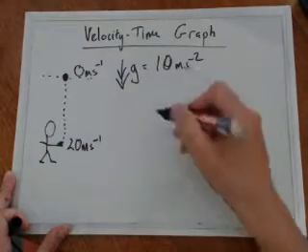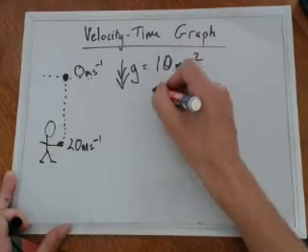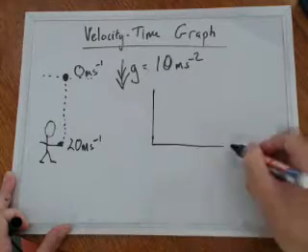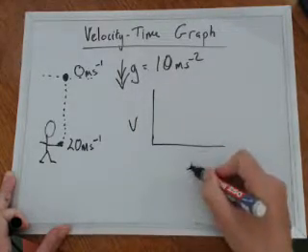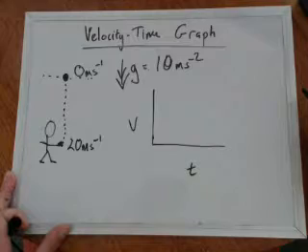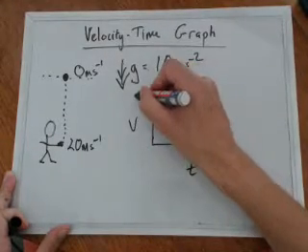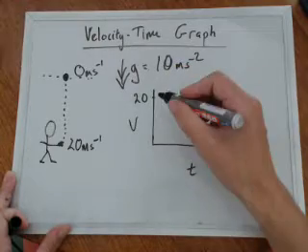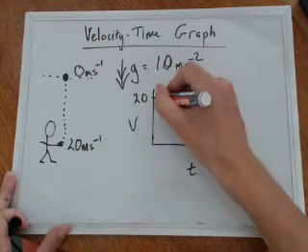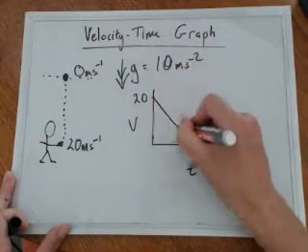So what will it look like? If we were to draw a graph of velocity against time for somebody throwing a ball in the air, and it starts at 20, and that's velocity in meters per second, it's going to look like that.